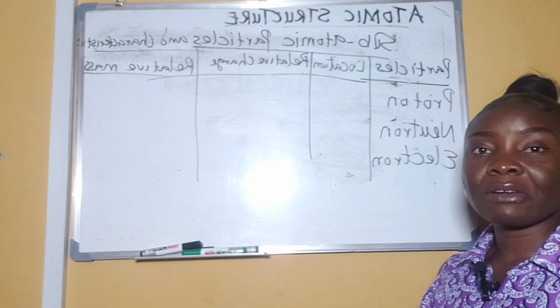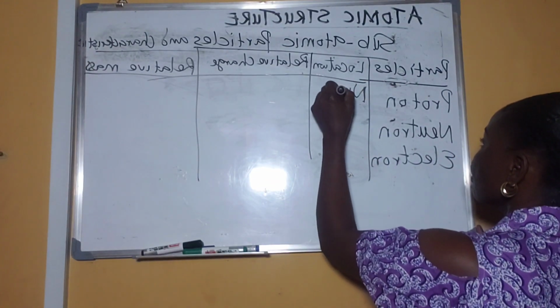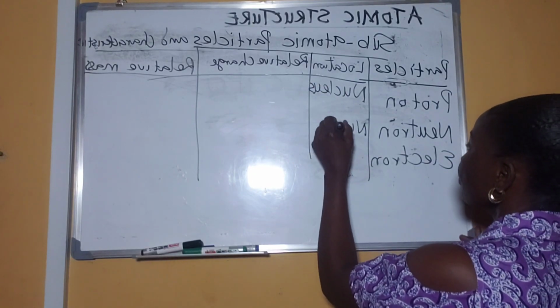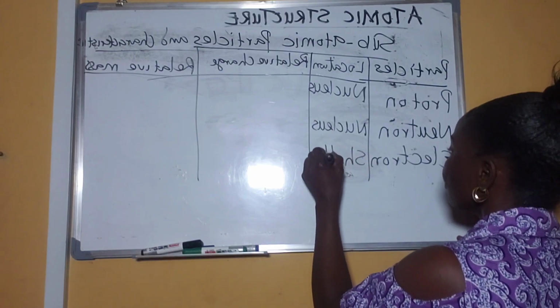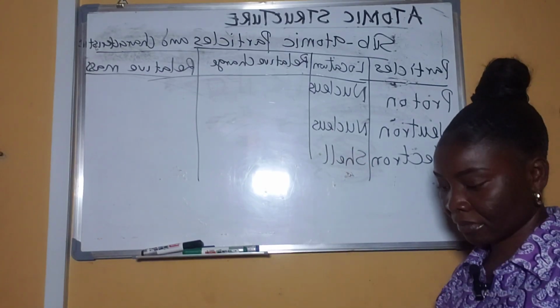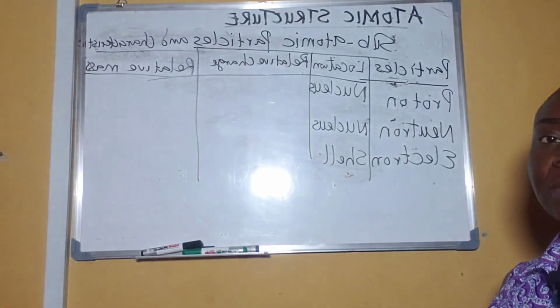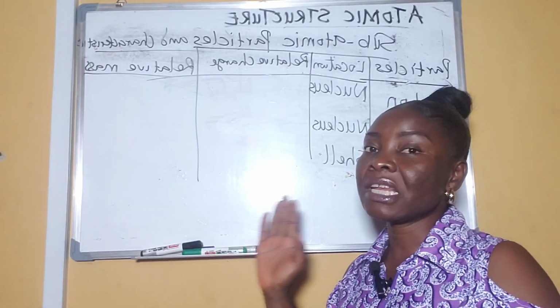Proton, for example, is found in the nucleus. Neutron too is found in the nucleus. The only one that is outside the nucleus is the electron.